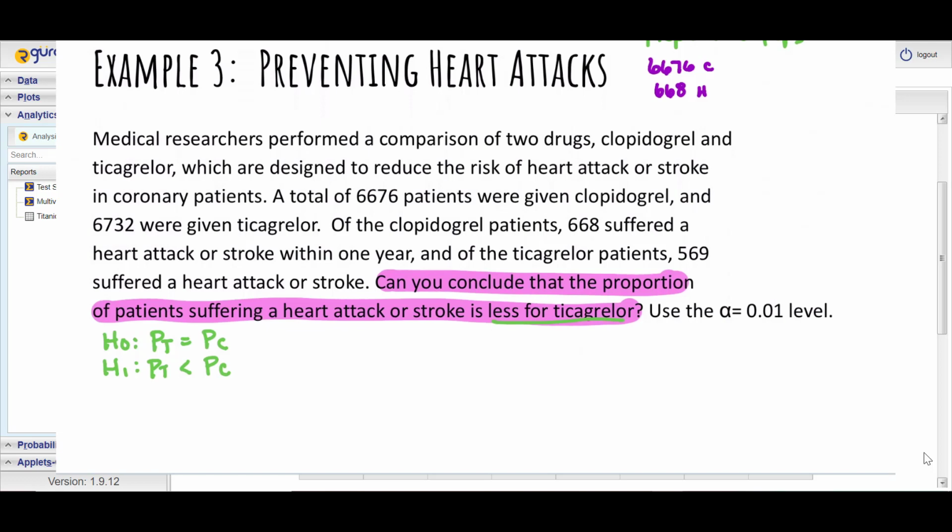And then there were 6,732 that took the drug that starts with a T, ticagrelor, and of those, 569 suffered heart attack or stroke. And significance level 0.01, and we're saying ticagrelor is less.